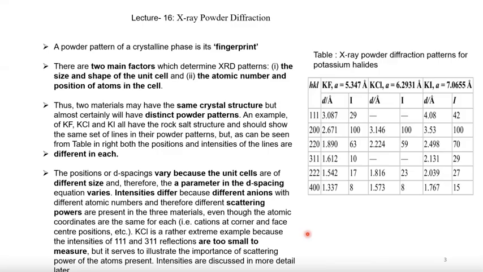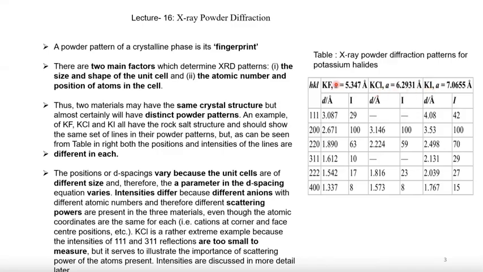So we can have two materials having the same crystal structure, and we will see that the powder patterns are different. For example, we are talking about potassium fluoride, potassium chloride, and potassium iodide.